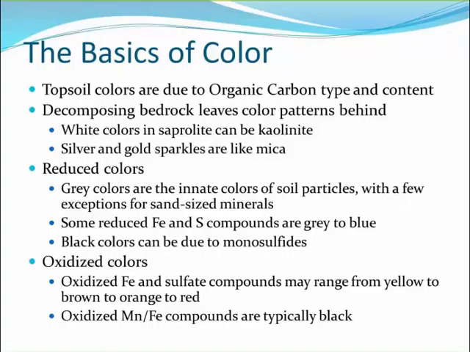Why am I even mentioning those, and why did I even break them into those categories? Well, the reason is because when reduction occurs to an element, it becomes soluble, and it also loses most of its pigmentation because it goes from a crystalline substance to a soluble substance, and therefore it becomes part of the soil water, or soil solution is another way to put that.